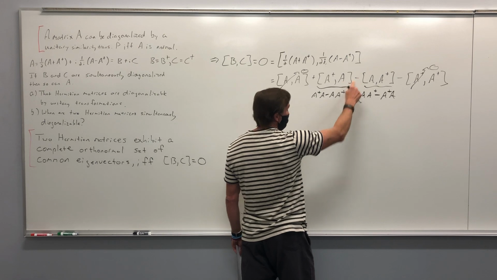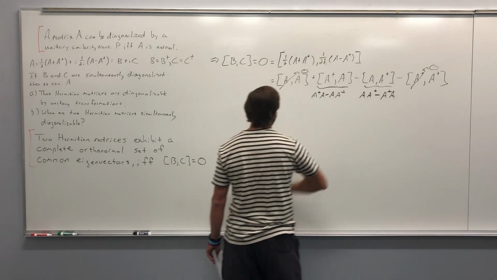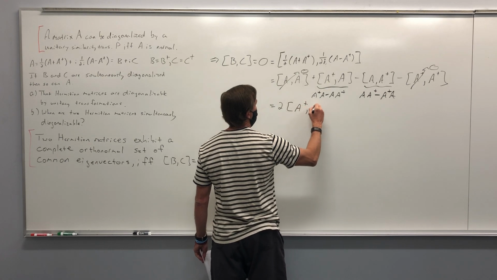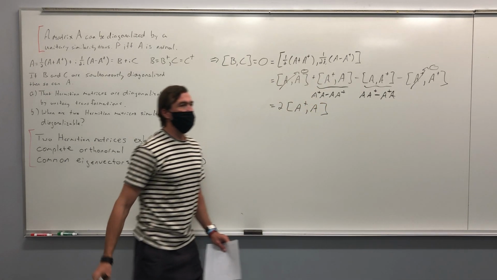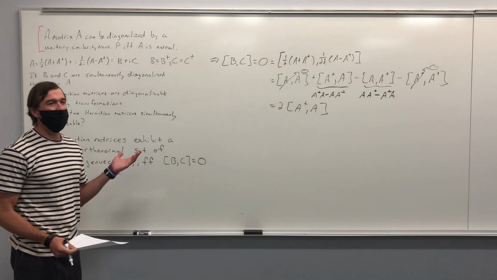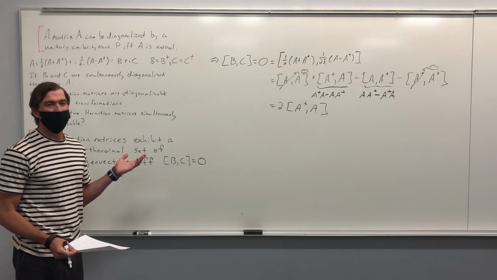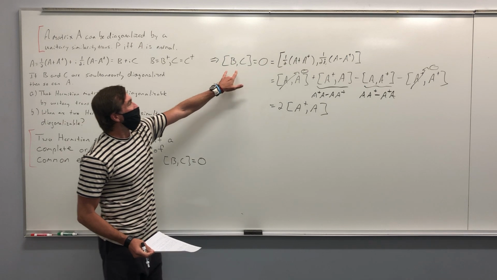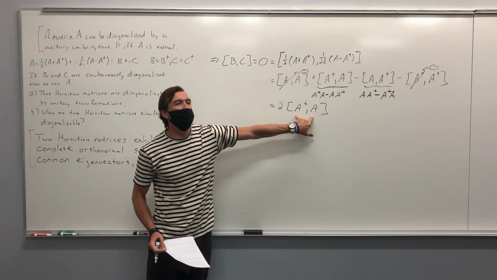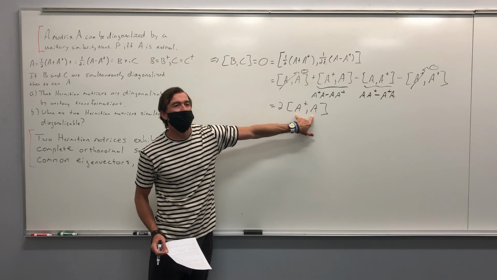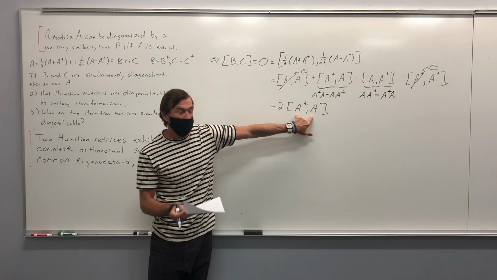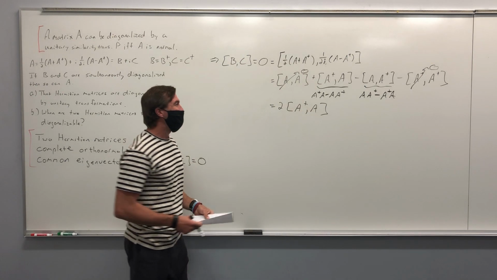Yeah, it's negative, so that negative cancels, and this just gives me 2A dagger A. Okay? Folks, do you see it? If these two matrices commute, what kind of operator is A? A is normal. It's normal. Yes.